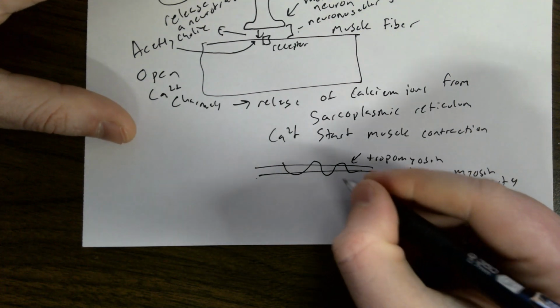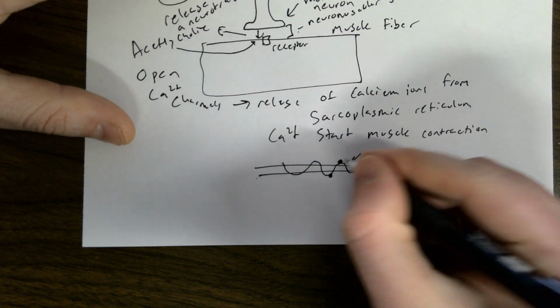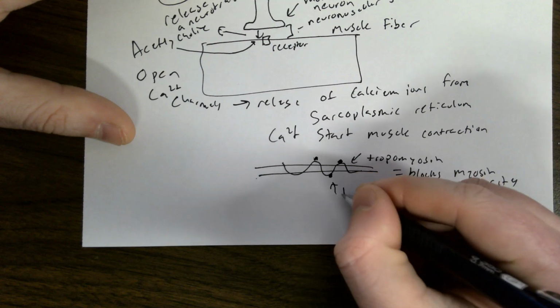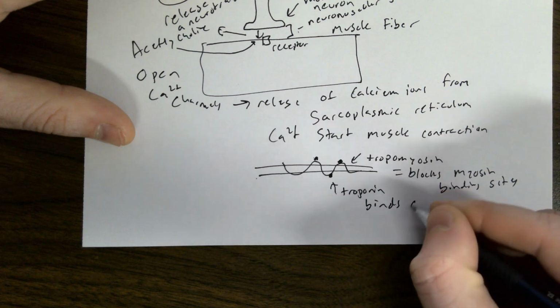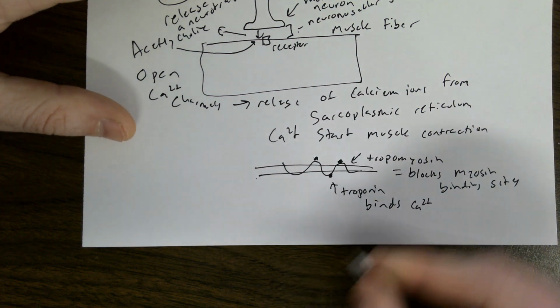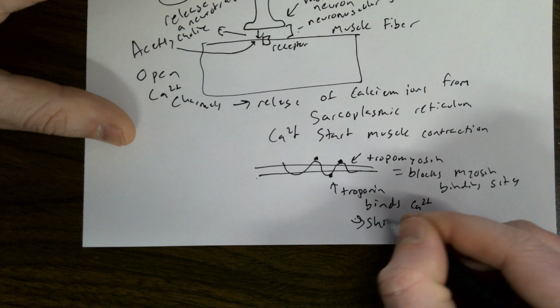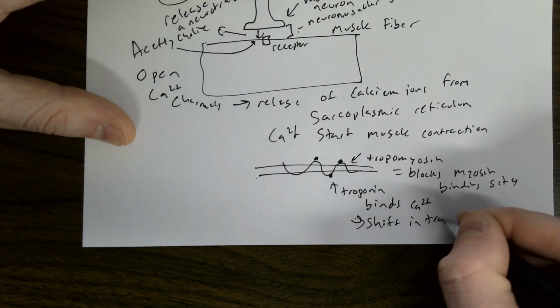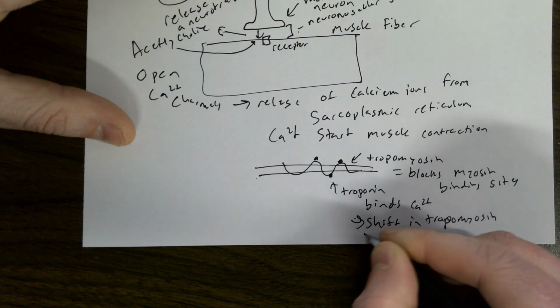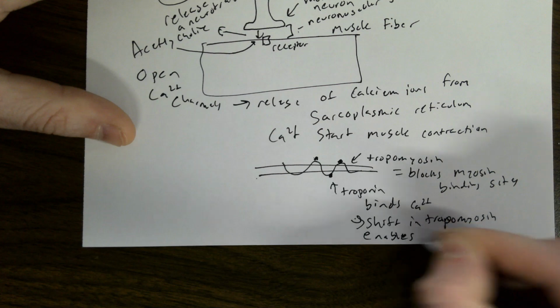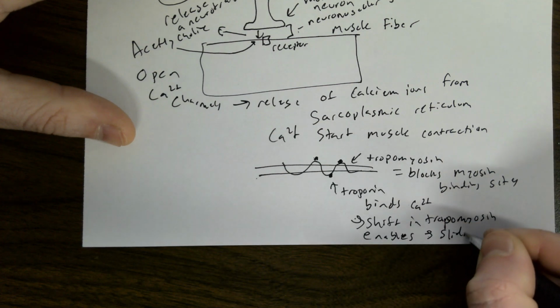And it's moved because on it there are these things called troponin, and troponin binds calcium ions. And when it binds calcium, it causes a shift in tropomyosin, which enables the sliding filament model.